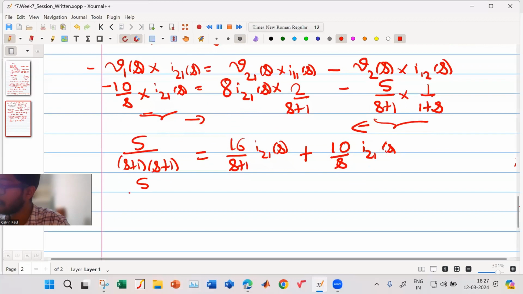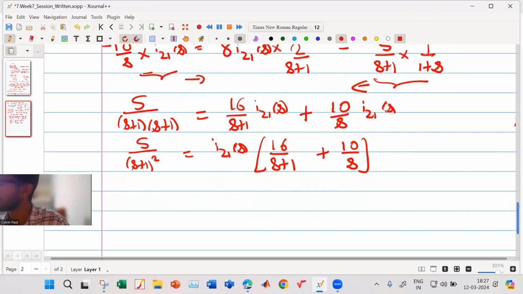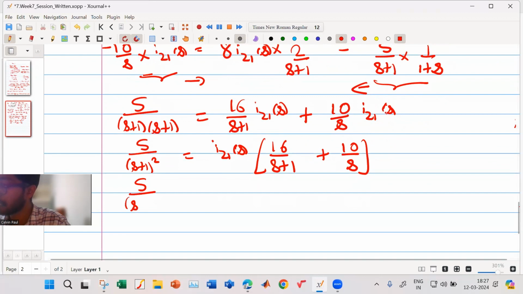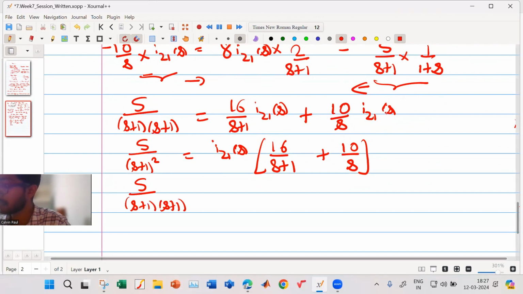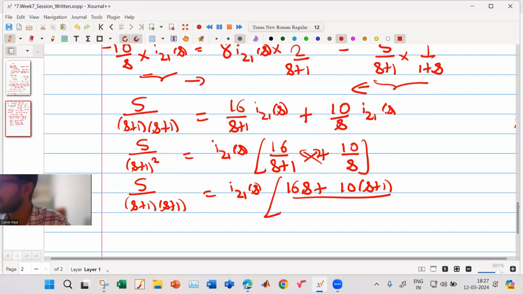This becomes 5 upon S plus 1 the whole square is I21 of S into 16 upon S plus 1 plus 10 upon S. So that becomes 5 upon S plus 1 into S plus 1 is equal to I21 of S into 16S plus 10 into S plus 1 upon S into S plus 1. I am doing cross multiplying. Is this clear? Yes, sir.